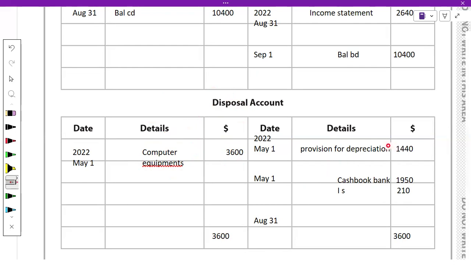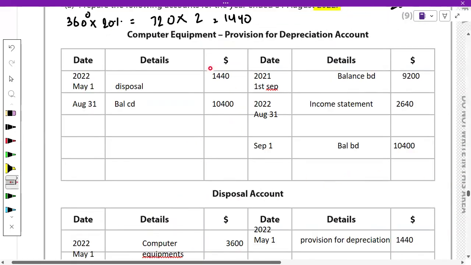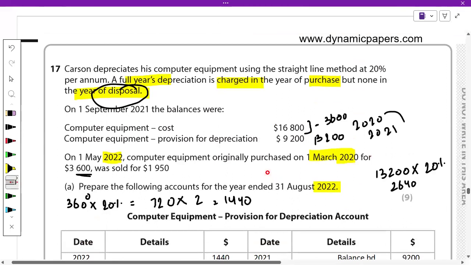Okay, and also we have to decrease its provision account. So as you can see what we did here: provision debit, disposal credit. That's why we have written it here. Okay, and we have received some money also.